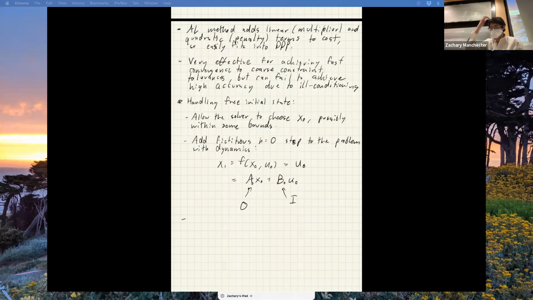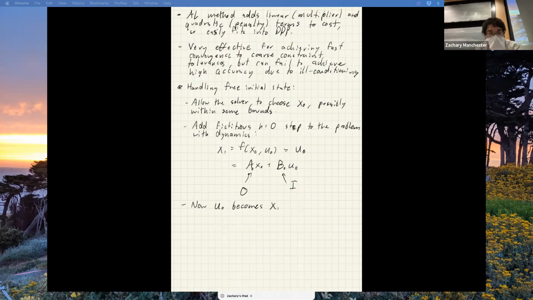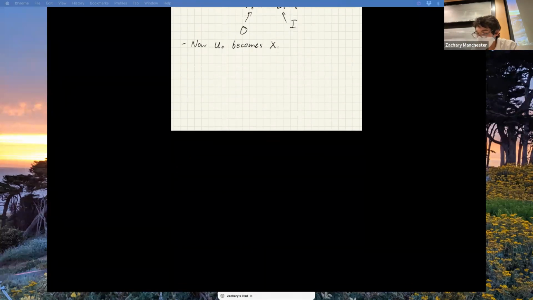And now U naught becomes x1. You can throw anything you want in there, actually. You can throw literally any problem parameters, system parameters, et cetera, in this, and optimize those along with the trajectory, which can be kind of cool.